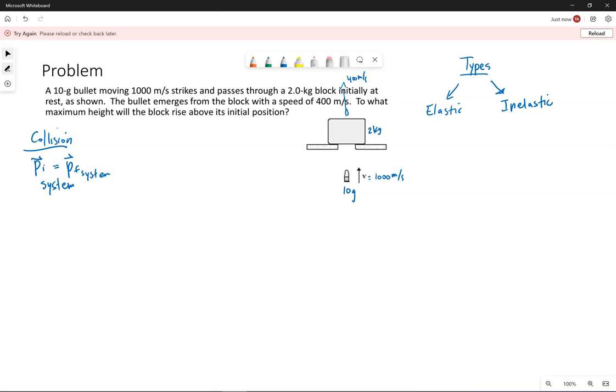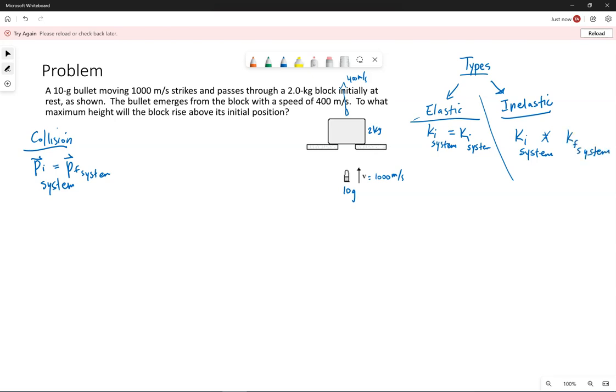The type of collision tells us whether or not we can say the kinetic energy the system has initially is still there. So elastic collisions are defined as collisions in which the kinetic energy of the system as a whole is still kinetic energy. Inelastic, the kinetic energy of the system finally is not the same.